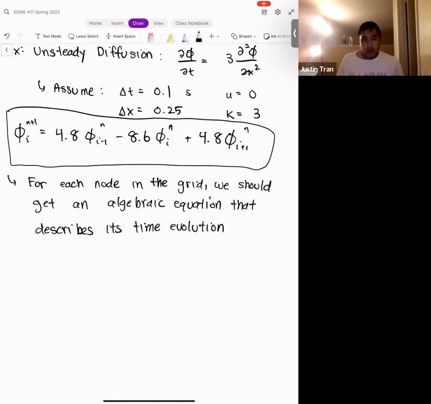That equation is going to be given by this equation up here, or you're going to have a boundary condition applied on that node.